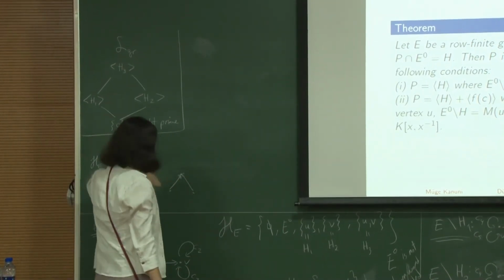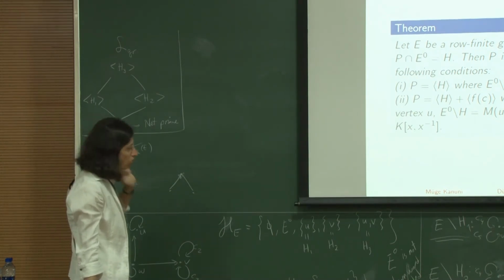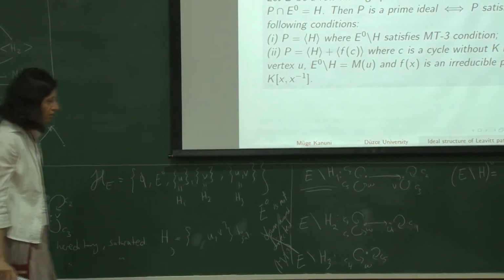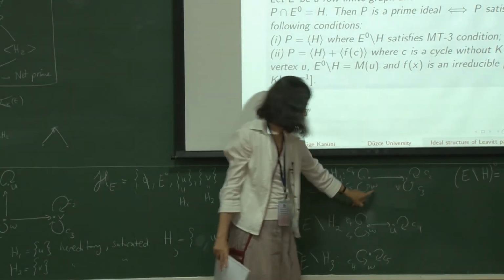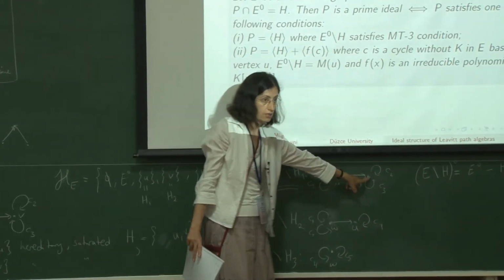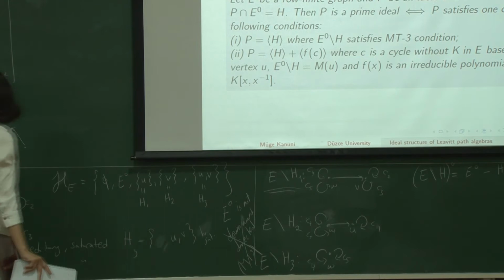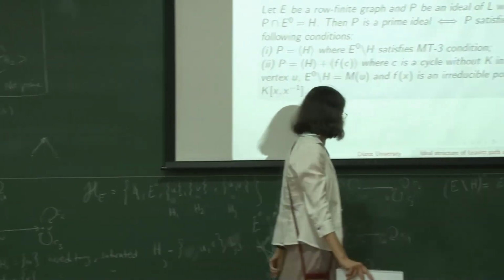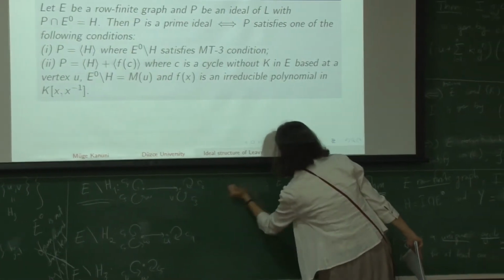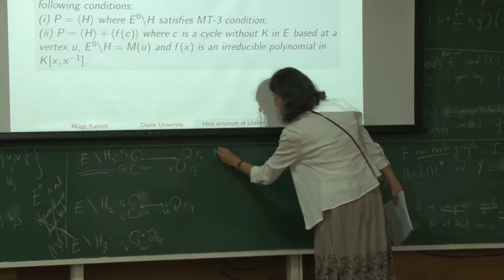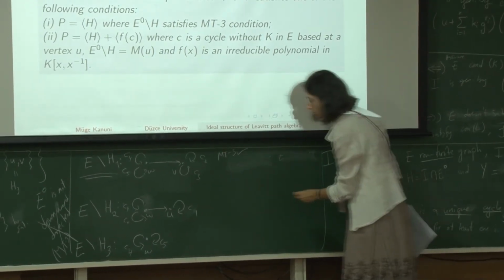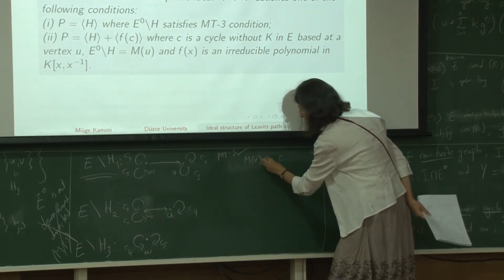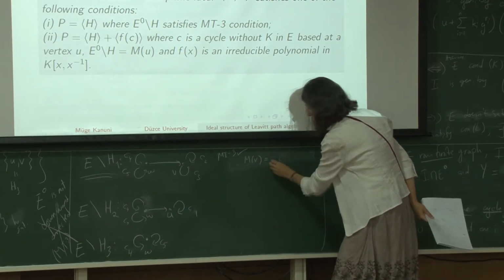So, let's look at H1. I look at the quotient by H1, that's here. Is it downward directed? Well, I have 2 vertices, V and W, and they both connect at V, so fine. This is prime. How about H2? Satisfied. This guy is MB. What is MB?